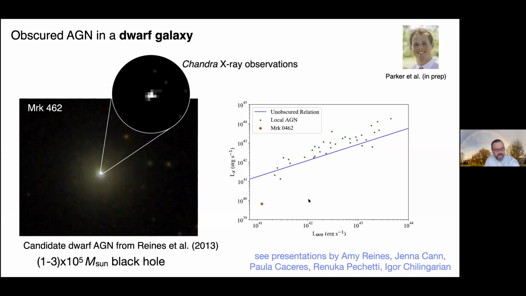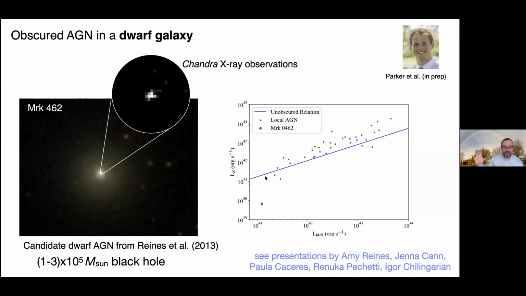We found an AGN identified with X-rays in the nearby dwarf galaxy Markarian 462 that clearly has AGN emission in the X-rays, but it's much weaker than the infrared that you determine from spectral fitting, and also what you get from looking at its optical line luminosities. And so this is probably a Compton-thick AGN in a nearby dwarf galaxy.